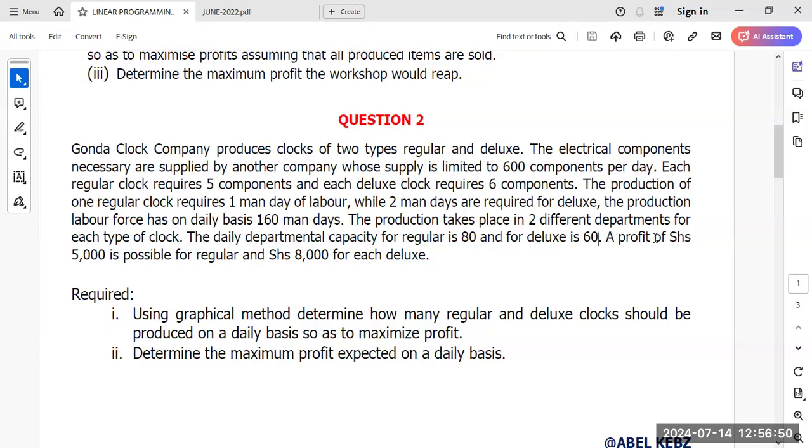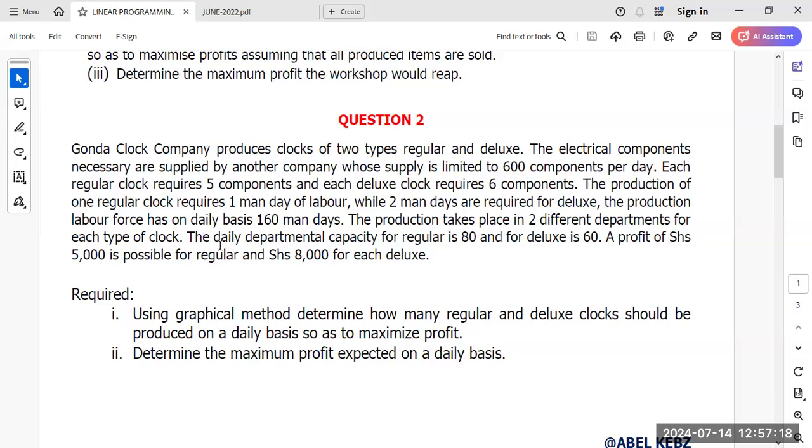They are telling you about the profit, which will help you to formulate the objective function. Now, from this statement, how are you going to formulate your inequality? Because when you observe here, they are showing you that the daily departmental capacity for regular is 80 and for Dirk's is 60.